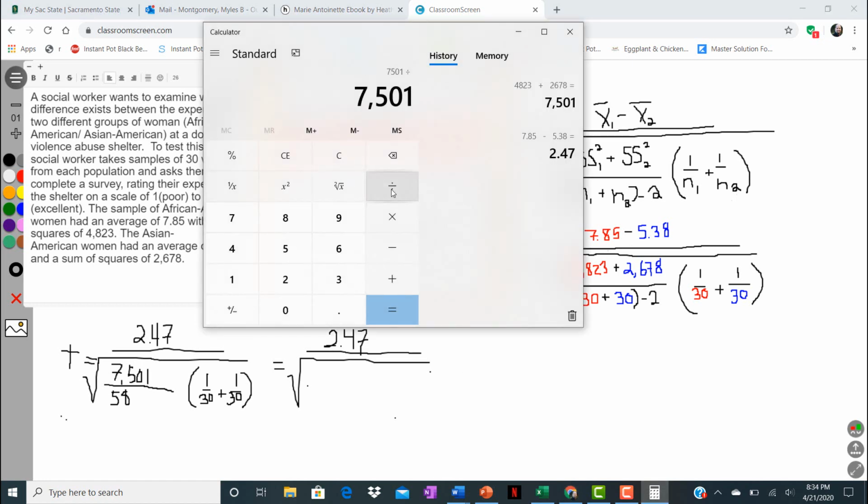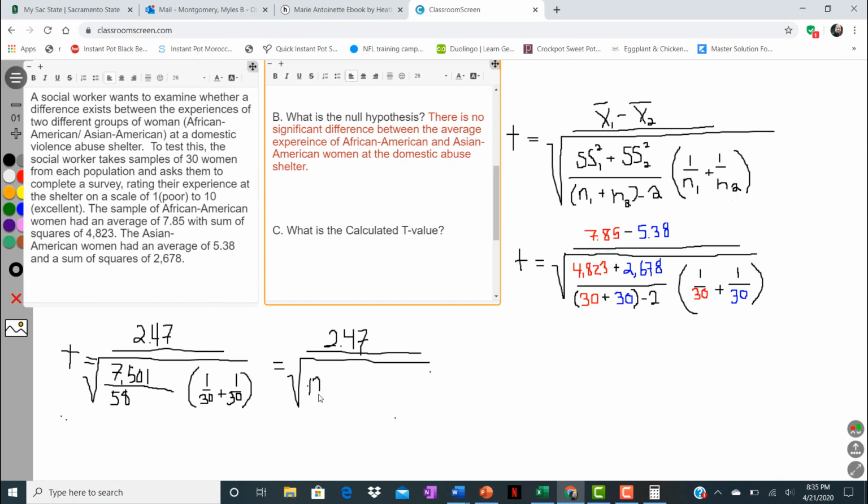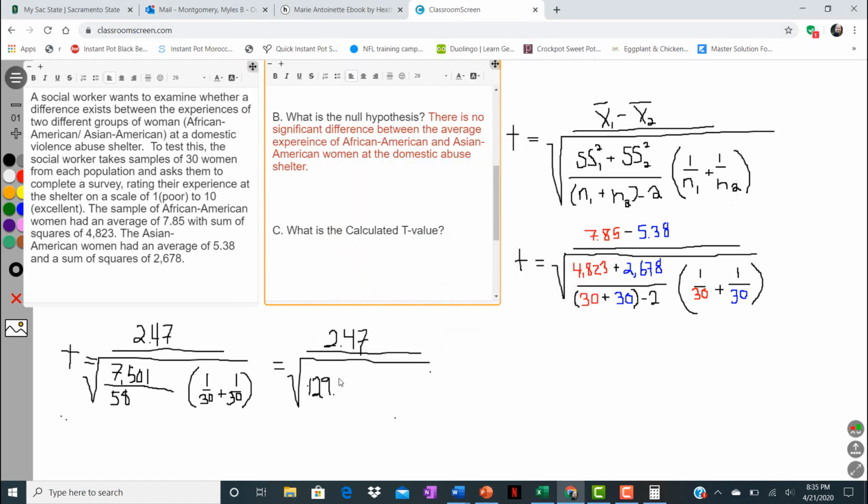Again, we're not going to spend a ton of time on getting excited about the numbers. That's 129 point, what did we say? We'll say 33, just to round up. So we'll knock that down. 129.33.